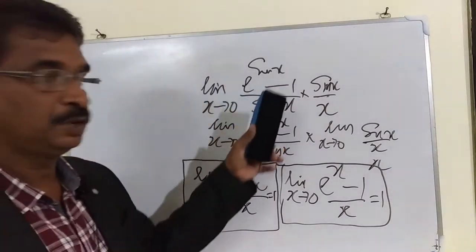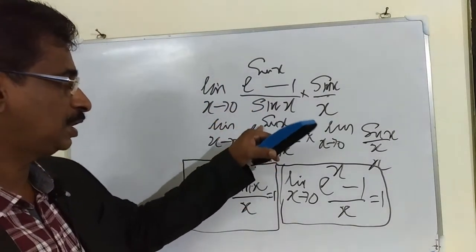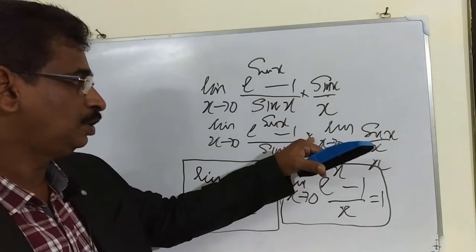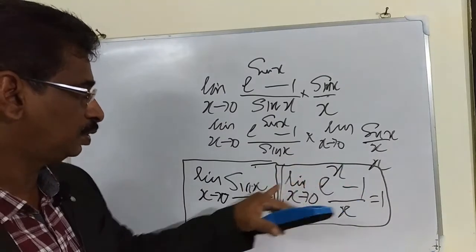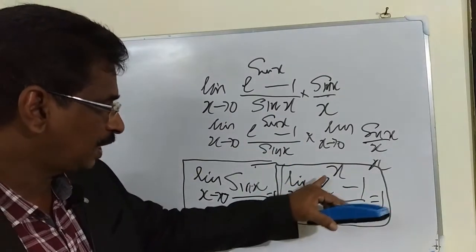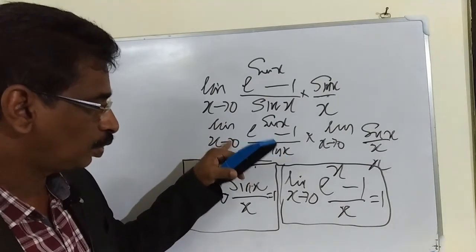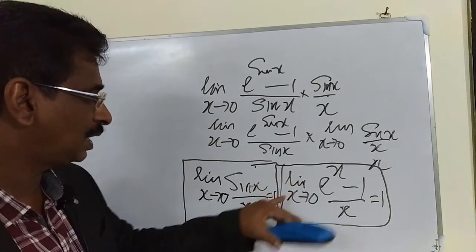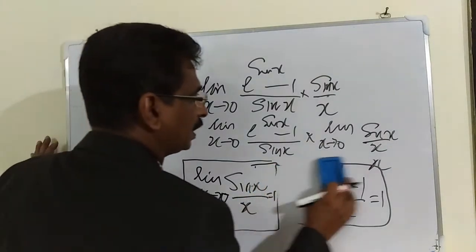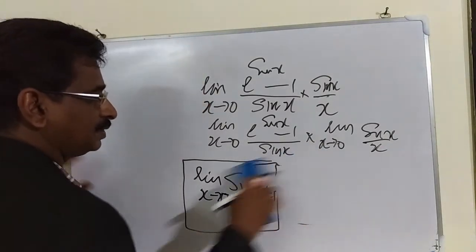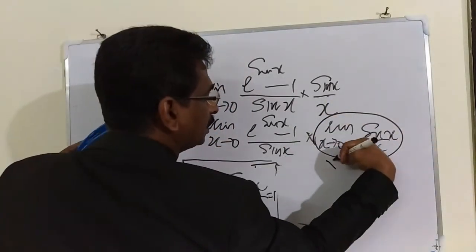The limit of the product is equal to the product of the limits. In the same way, when we apply this formula in place of x, we can directly apply it.